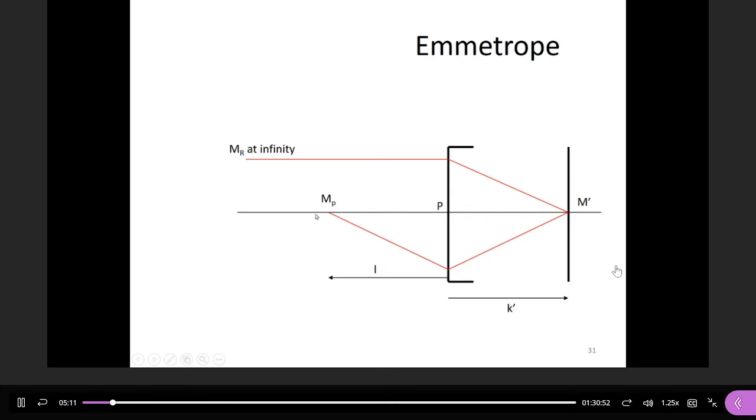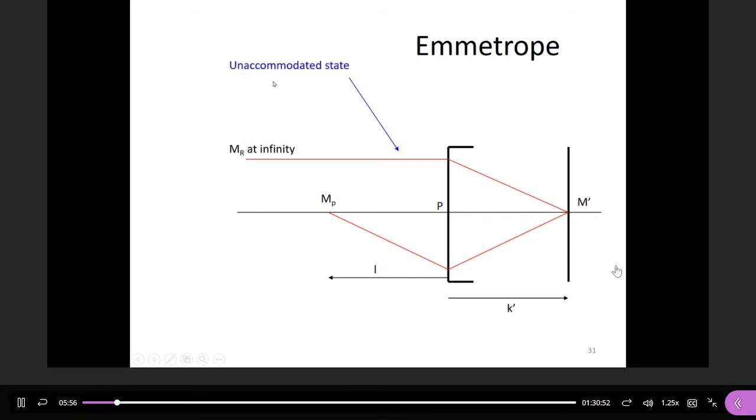This is when you have the maximum level of accommodation. Without accommodation, if you put objects here, the image would form behind the retina. But since you are using the maximum amount of accommodation, the image is still formed on the retina. Of course, the axial length does not change before and after accommodation.